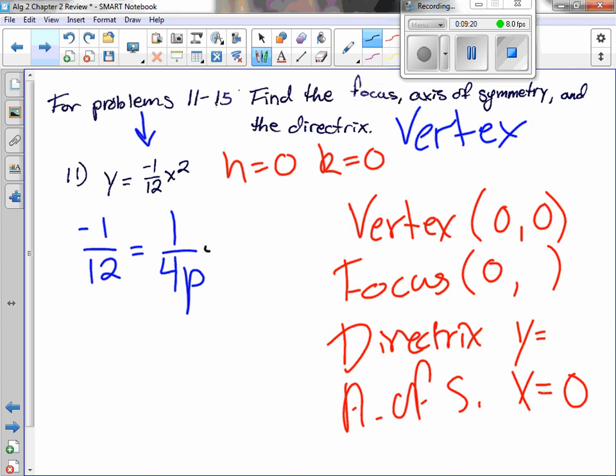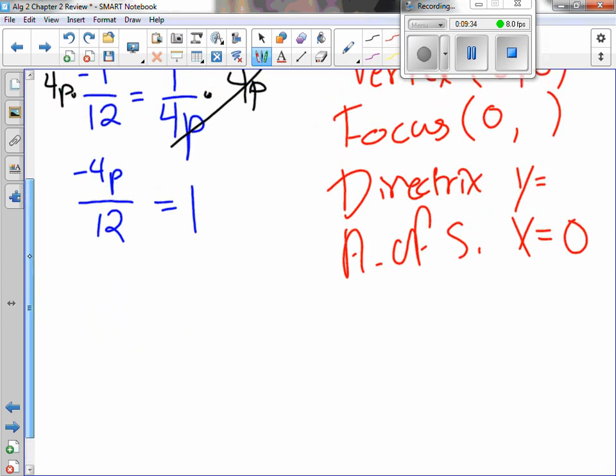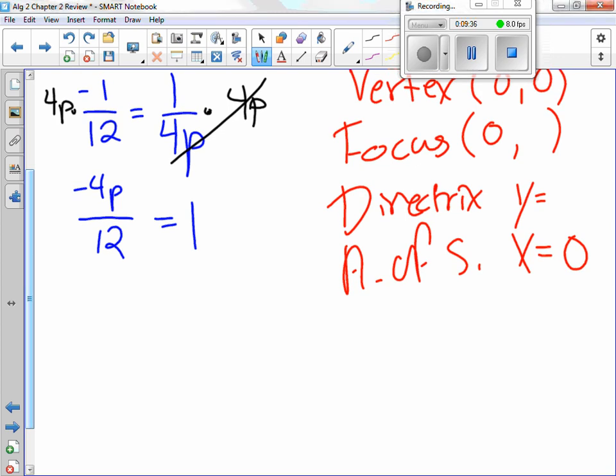Now to get it by itself, we're going to multiply both sides by 4p. Does that cancel? We get negative 4p over 12 after we multiply. Well, 4 over 12 will reduce, yes? To negative p over 3.